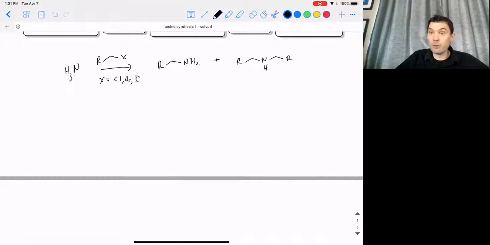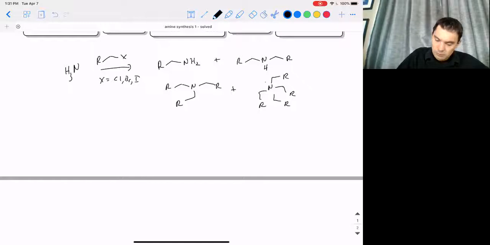And so you can over-alkylate once, but you can over-alkylate actually 3 times. And so you can end up with the primary, secondary, tertiary, or quaternary amine as possible products of these alkylations.